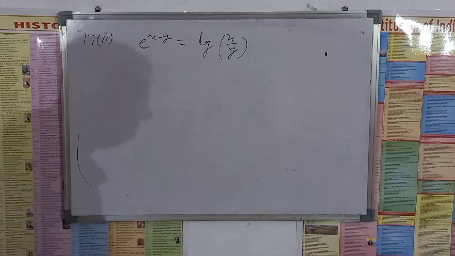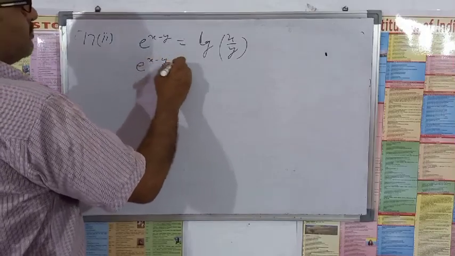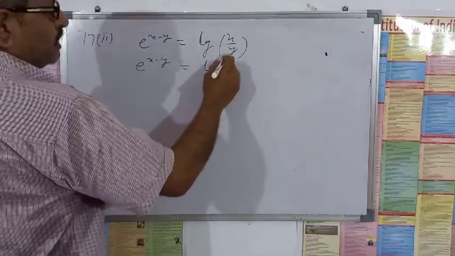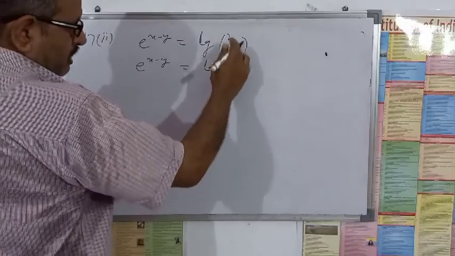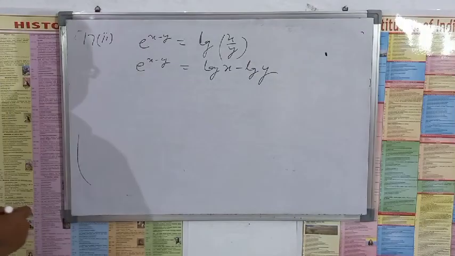Log of x upon y. So e to the power x minus y, we can write it using the law of logarithm, log m by n, so it will be log x minus log y.